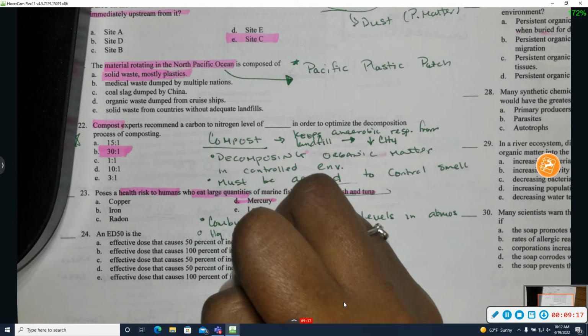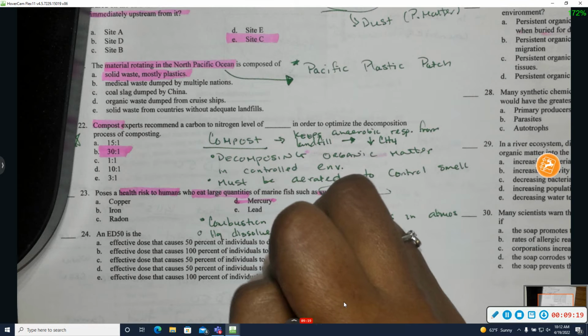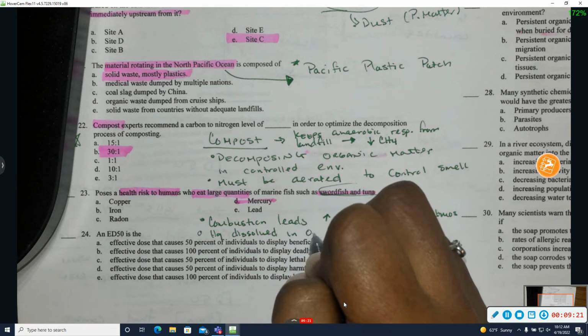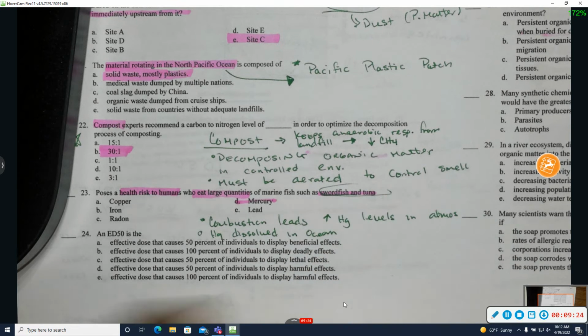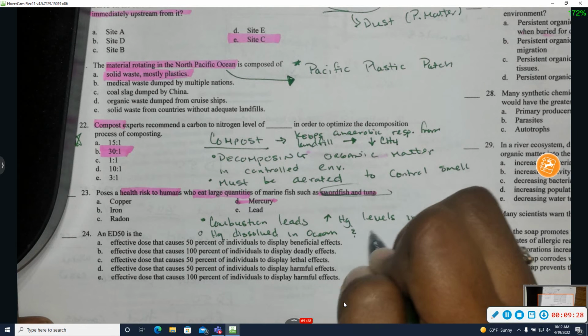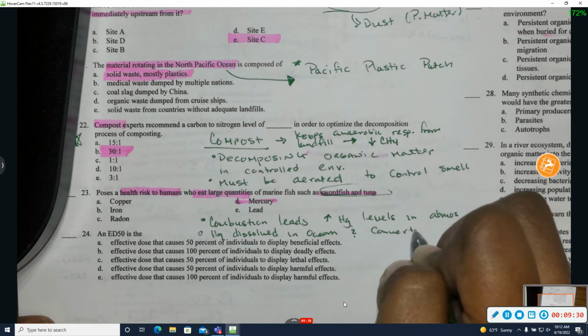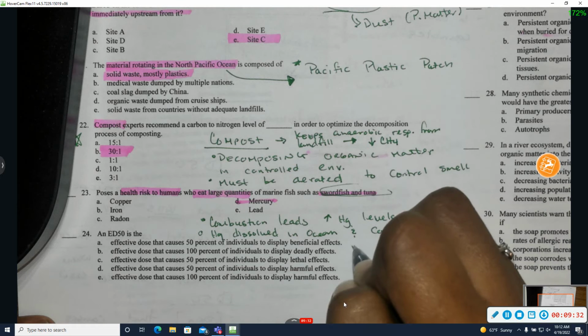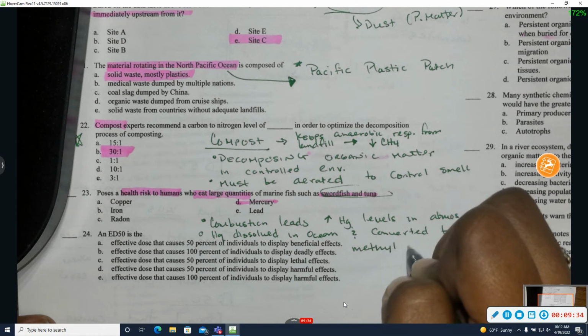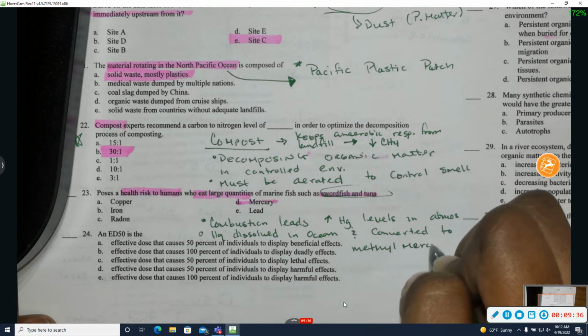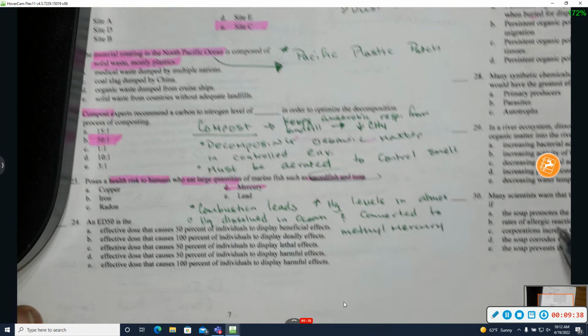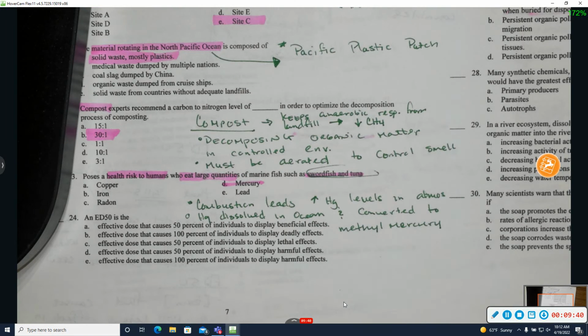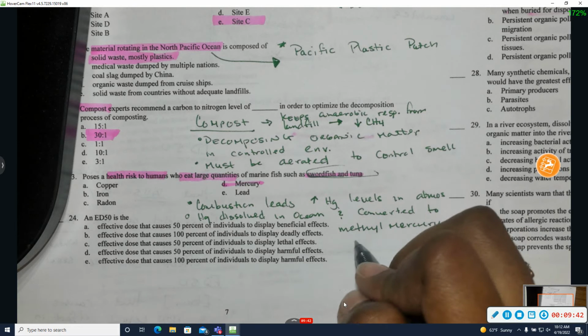It's dissolved in the ocean, and then it is methylated. In other words, it is converted to methylmercury. Because it's converted to methylmercury, this allows for an easier uptake.